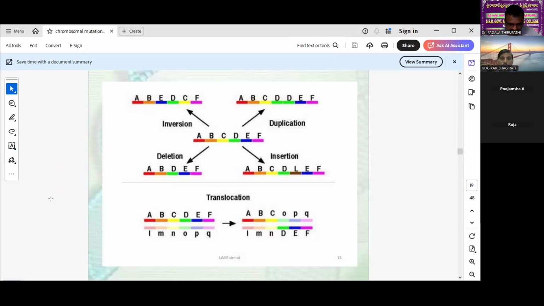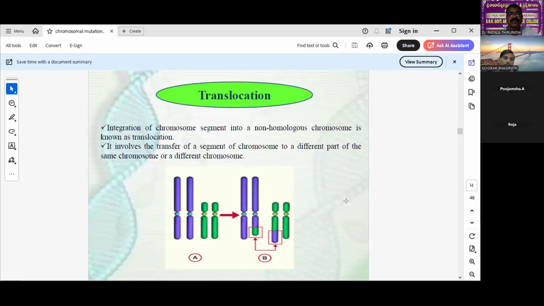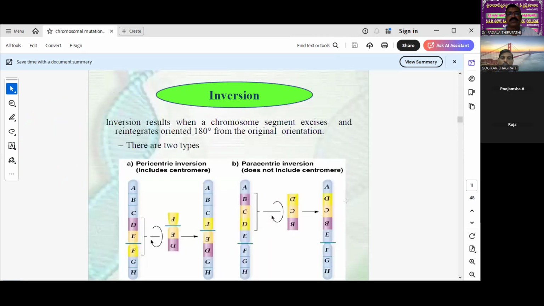Okay. Next, we can go for the 4th type of chromosomal aberration. Inversion is nothing but the chromosome segment rotating 180 degrees from the original orientation.